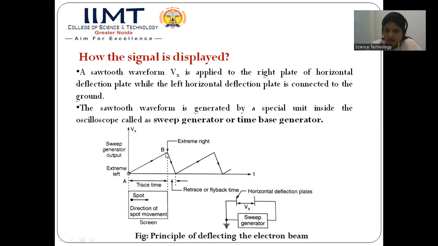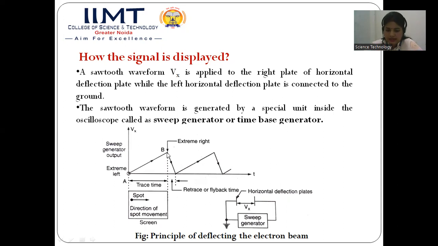And at the point B, at the peak value of this sweep generator voltage, it will reach the extreme right hand side of the screen. The time taken by the voltage Vx to rise from the point A to B, or the time taken by the spot to move from the extreme left of the screen to the extreme right of the screen, is called the trace time.